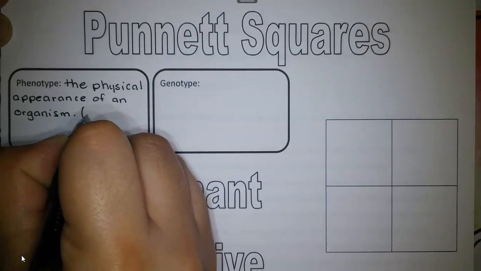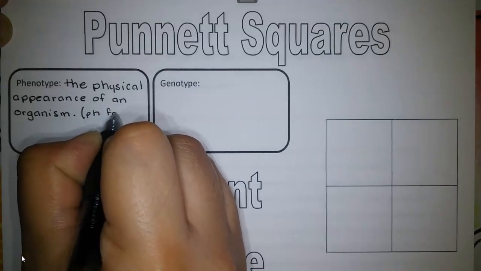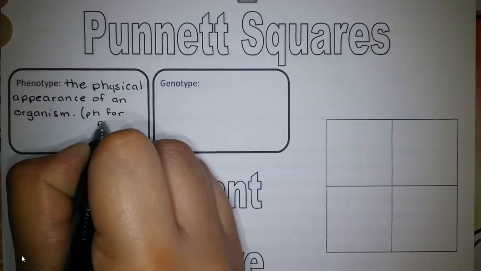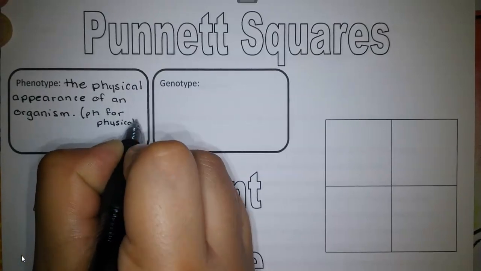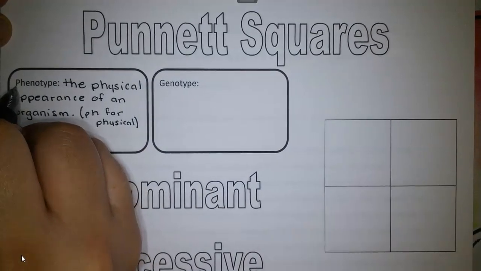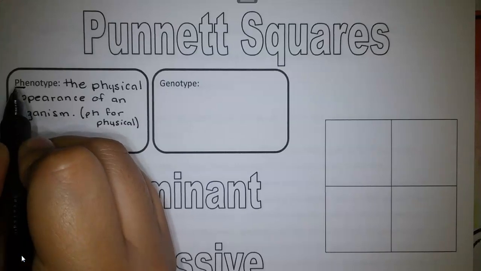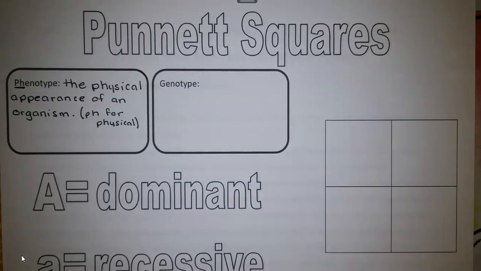Okay, then the pH for physical. So if we go to the word phenotype, we have the pH here, which is physical, pH for physical.